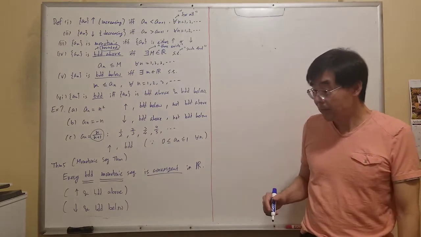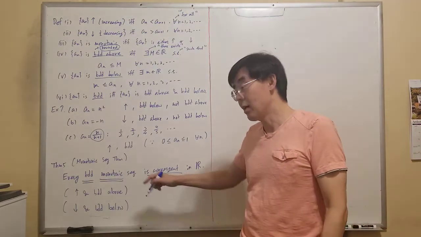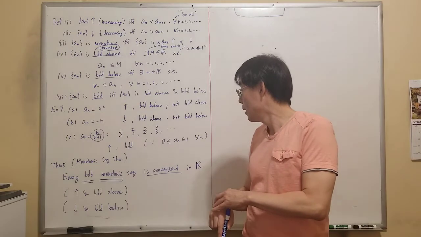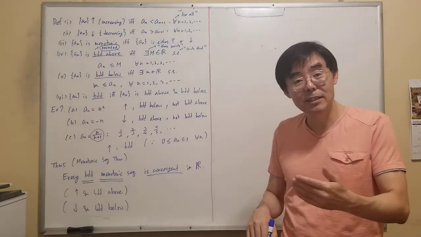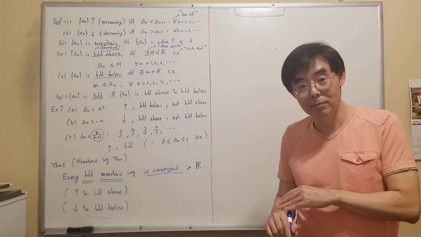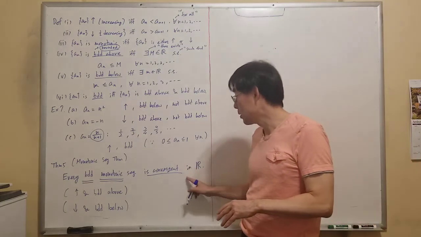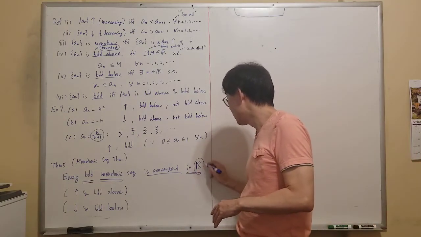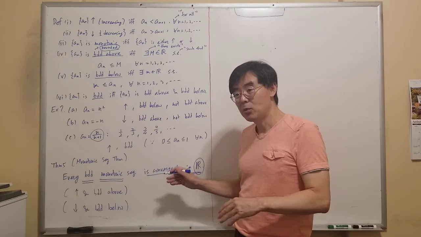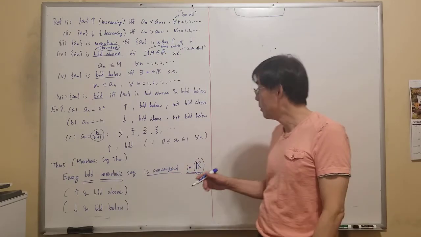You can make a sequence out of rational numbers, bounded and monotonic, yet the limit does not exist in the rational number system. This is an important property of the real number system. Basically, this means that there is no hole.